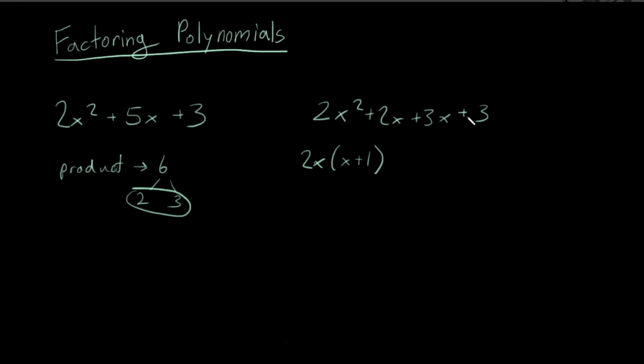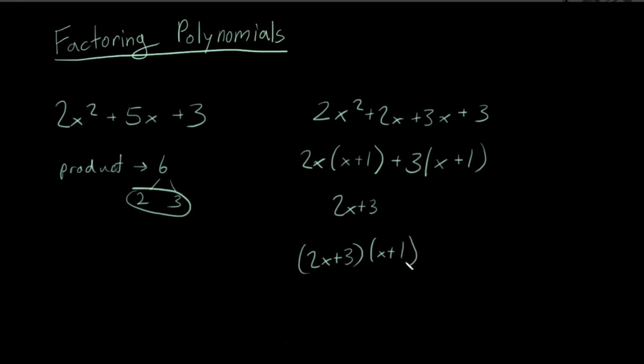And over here I have 3x plus 3. I'm going to divide it by 3. So then I'll have x plus 1 since 3x divided by 3 is x and 3 divided by 3 is 1. And look here, we can divide it by x plus 1. So we'll have 2x plus 3.